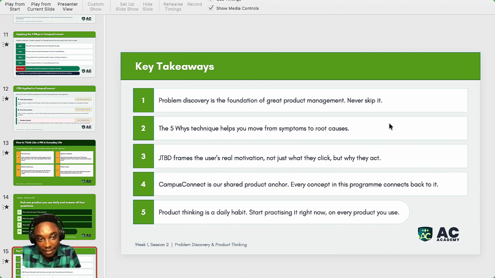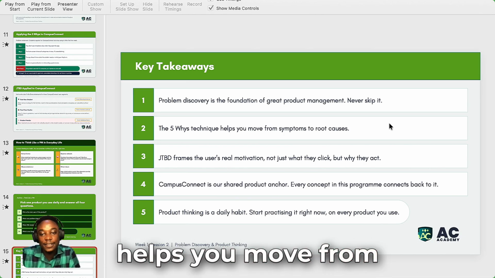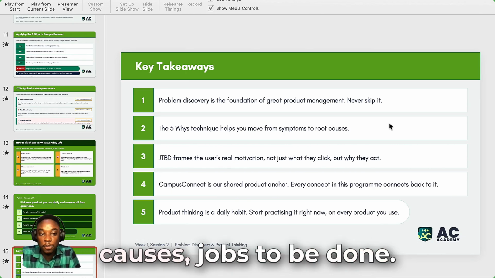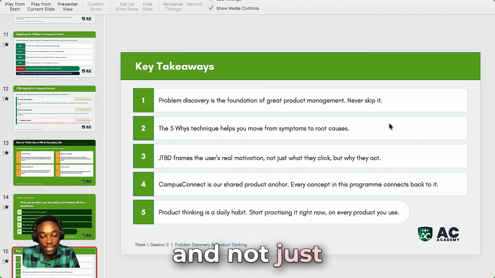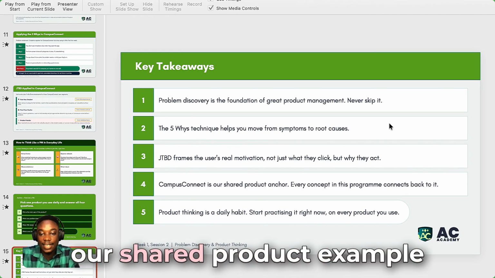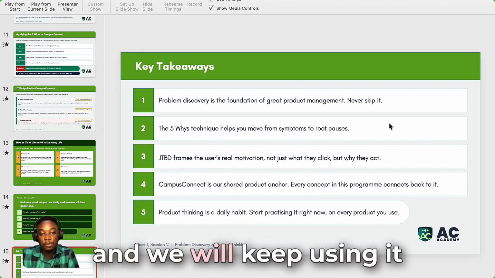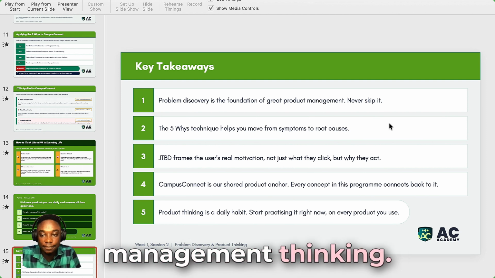The five whys technique helps you move from surface symptoms to root causes. Jobs to be done helps you understand the user's real motivation and not just the buttons they click. Also, Campus Connectors is a shared product example, and we will keep using it to practice real product management thinking.